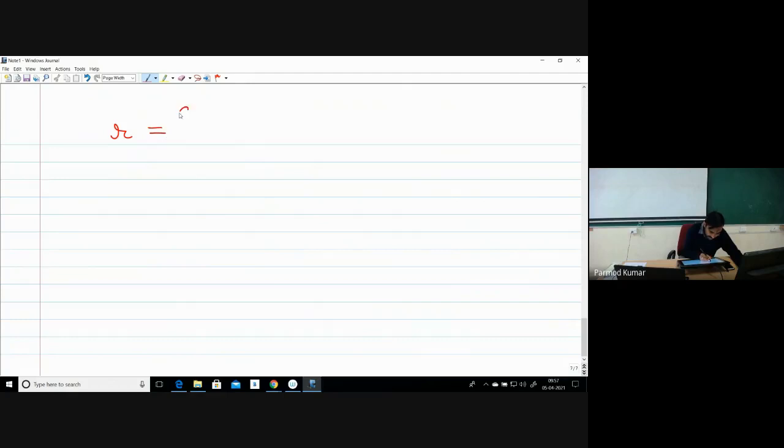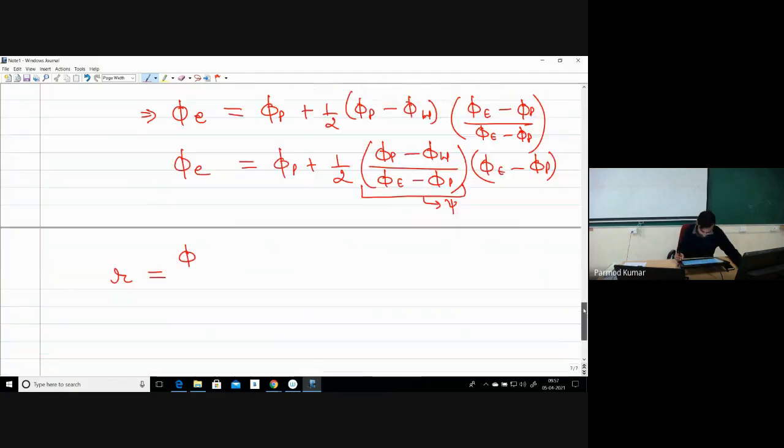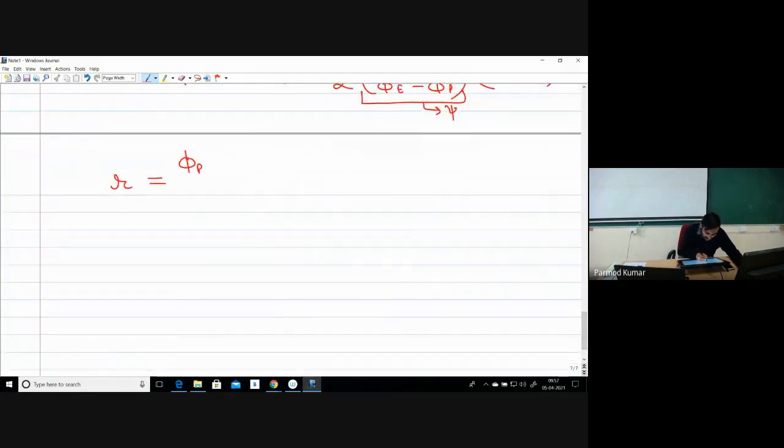So I am calling r nothing but phi p minus phi w divided by phi e minus phi p, and if I divide by delta x in both numerator and denominator, then for uniformness I can call this the gradient of phi in the upstream direction, and this the gradient of phi in the downstream direction.